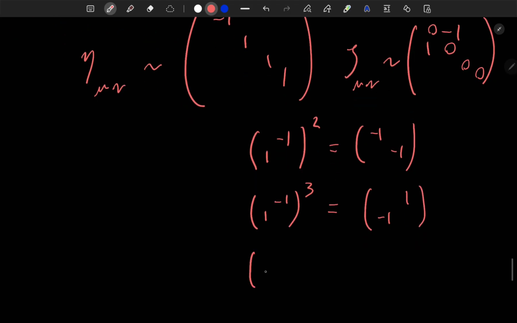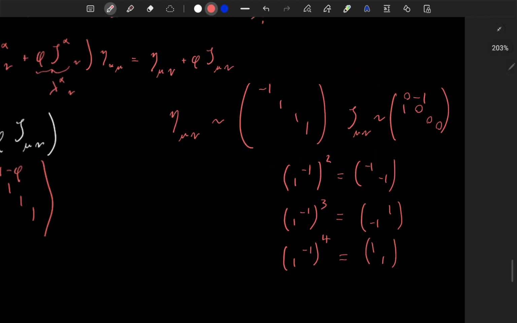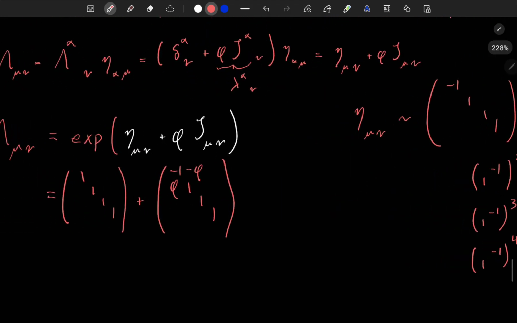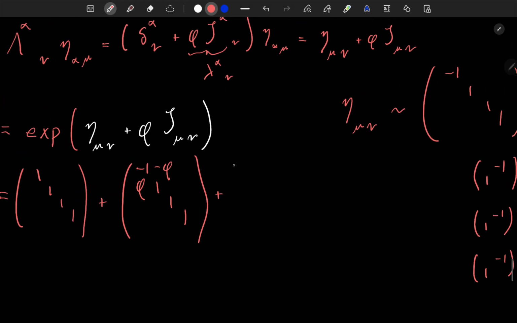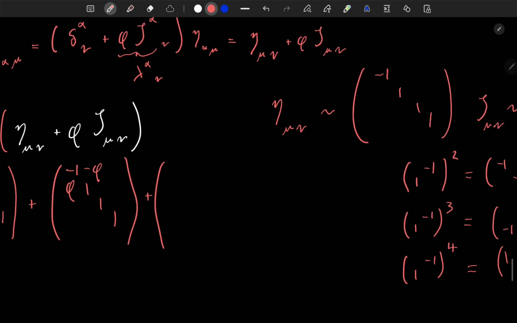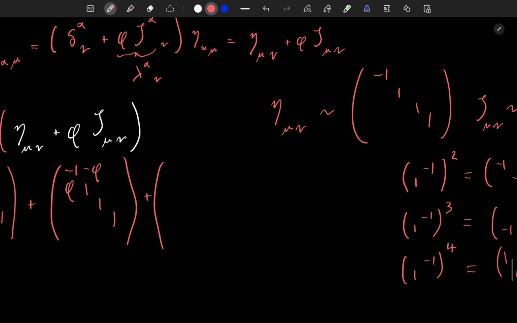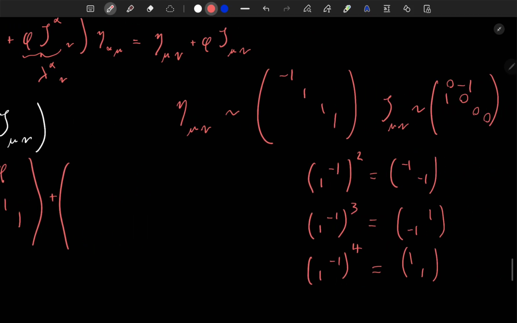And then to the 4 will be the identity. After that, in a loop, we get that plus now the second power. So we're going to have diagonal elements going on as well.